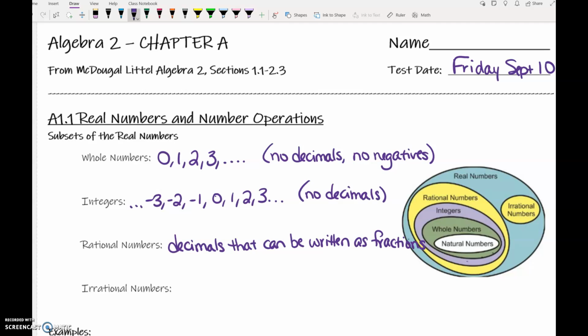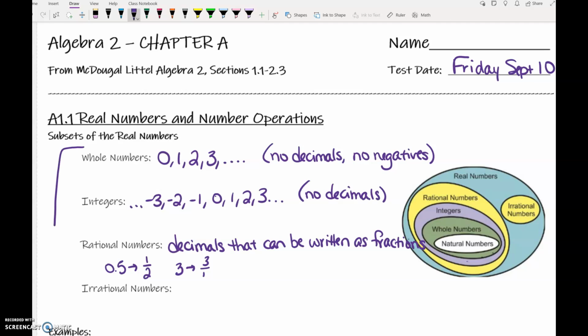For example, 0.5 is the fraction 1/2. 3 is the fraction 3/1. Even whole numbers and integers, you can write those as fractions if you put them over 1.